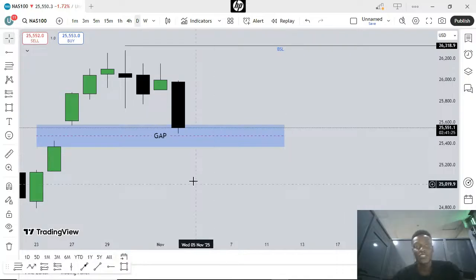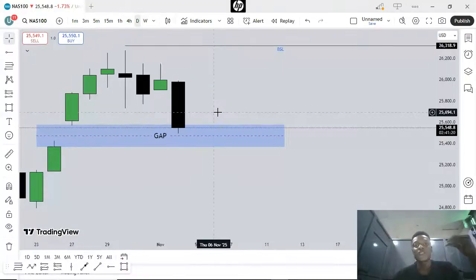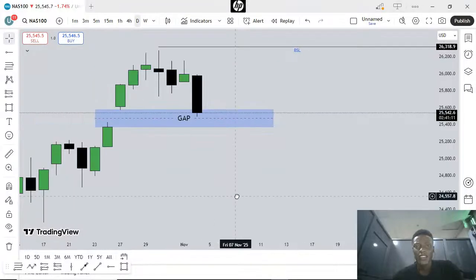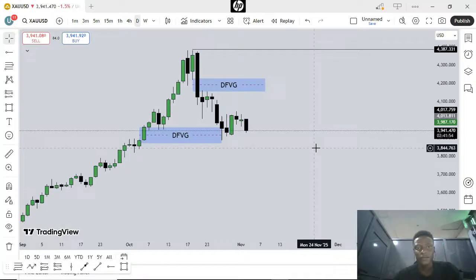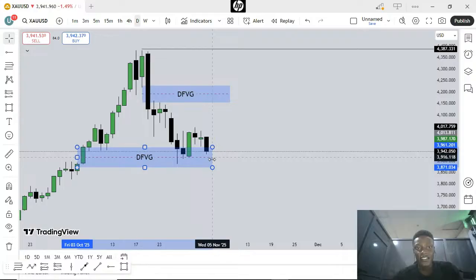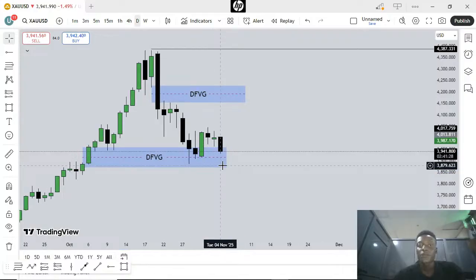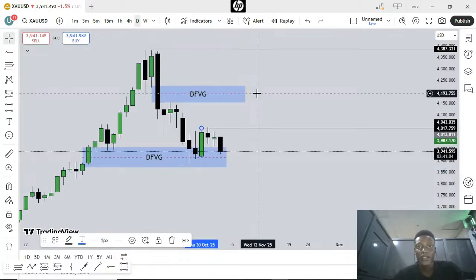Let's see how it forms and then closes. If it gives us a good close above here, good deal. So the fair value gap we have below here, if it closes below it, we are targeting buy side liquidity above here.